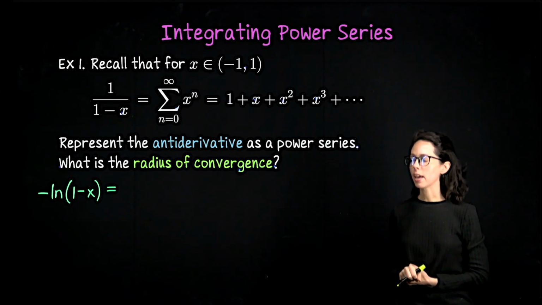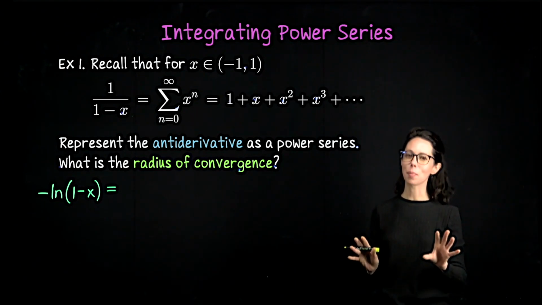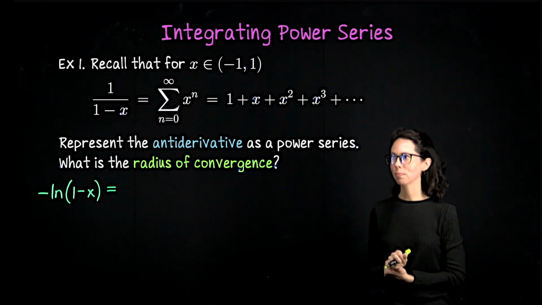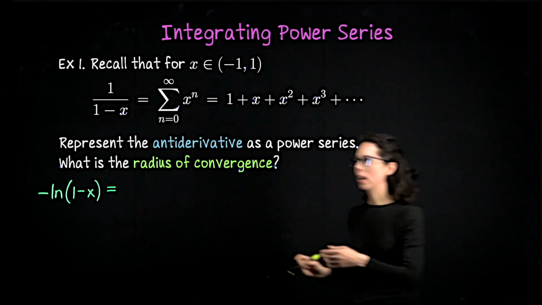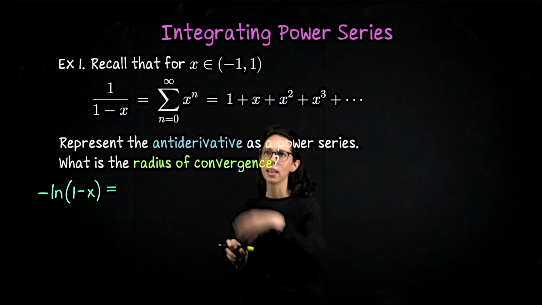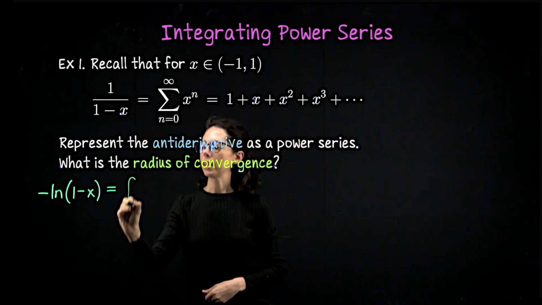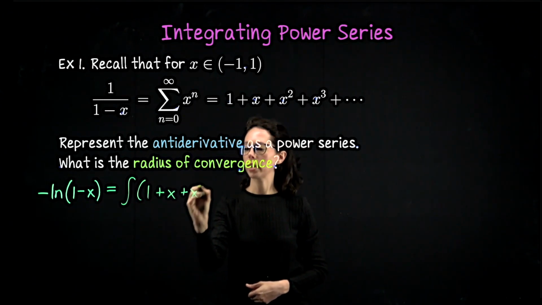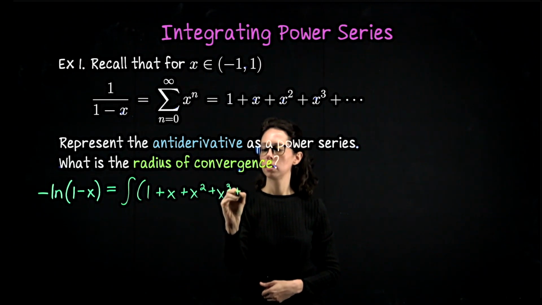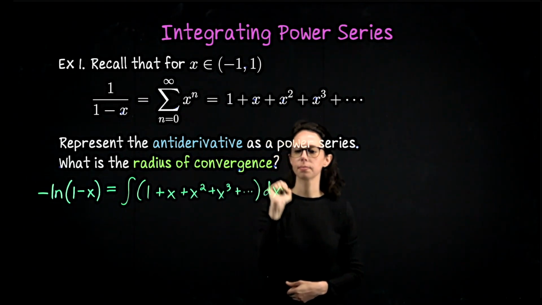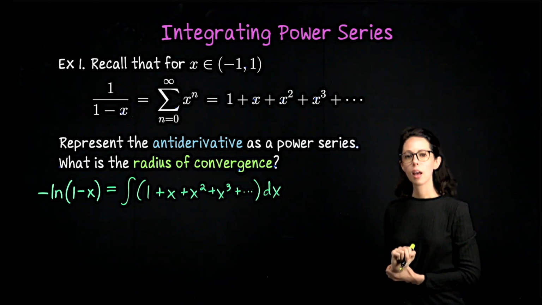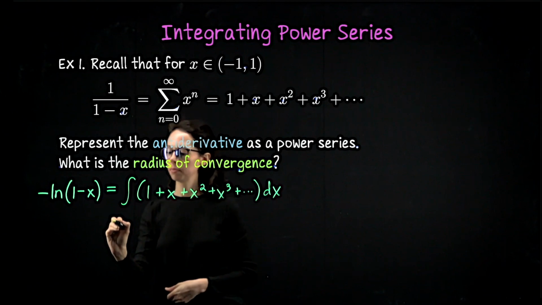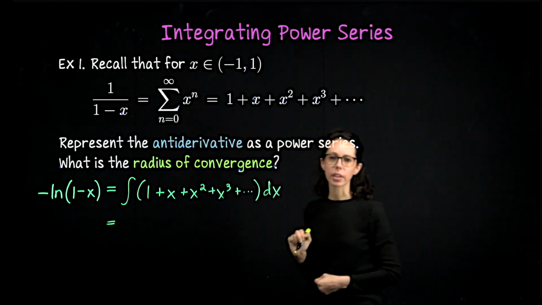I can say this is a theorem, I'll mention that again in a minute, but let's just move forwards with this act of integrating. On the one hand, I anti-differentiated this. Now let's go through and anti-differentiate the right-hand side. So 1 plus x squared plus x cubed dx. This is an indefinite integral, so let me pick up a constant of integration.